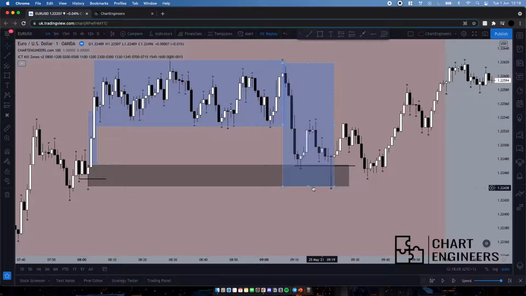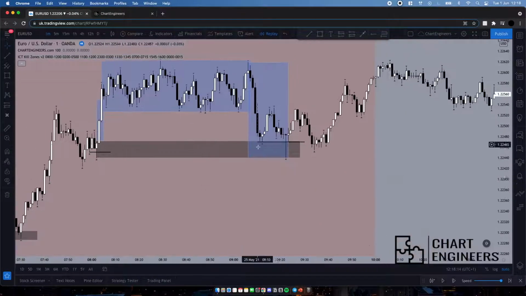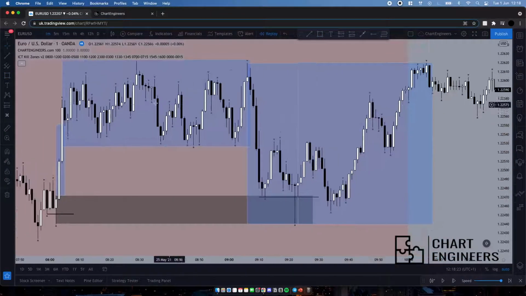So if we had our stops here, we would have probably got taken out, but like I always do, I add a bit to my SL. And then we had the distribution to the top side. So accumulation, manipulation, and distribution.